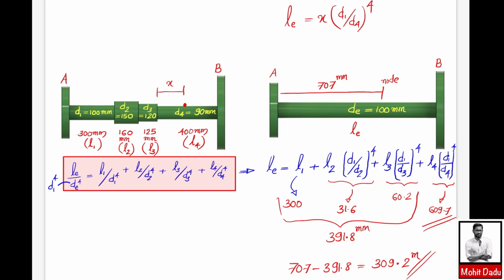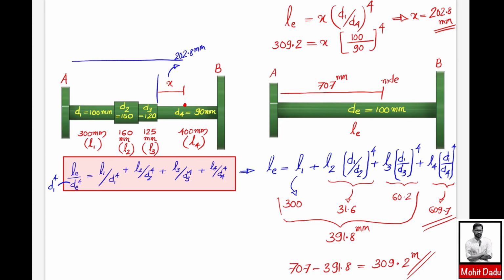Substituting in mm, LE is 309.2 in equivalent, x is to be evaluated, d1, the equivalent diameter, is 100, and d4 is 90, the whole raised to 4. Solving, x comes as 202.8 mm. That means in the actual shaft, the node will be at a length of 202.8 mm from this point.